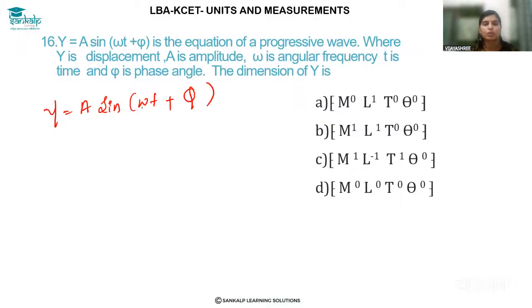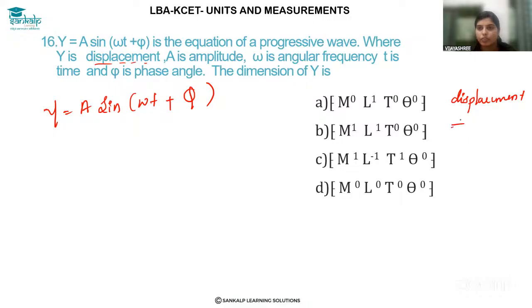A means amplitude here, omega is angular frequency, t is time, and phi is phase angle, y is displacement ಅಲ್ವಾ. y ಅಂದ್ರೆ ಡಿಸ್ಪ್ಲೇಸ್ಮೆಂಟ್ ಆಯ್ತು. ಇಲ್ಲಿ ಶಾರ್ಟ್ ಕಟ್ ಮೆಥಡ್ ಹೇಳ್ತೇನೆ ಮಕ್ಕಳೇ. y ಮೀನ್ಸ್ ಡಿಸ್ಪ್ಲೇಸ್ಮೆಂಟ್ ಅಂತ ಡೈರೆಕ್ಟ್ ಆಗಿ ಇಲ್ಲೇ ಕೊಟ್ಟಿದ್ದಾರೆ.